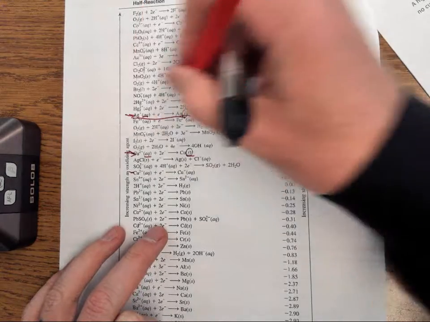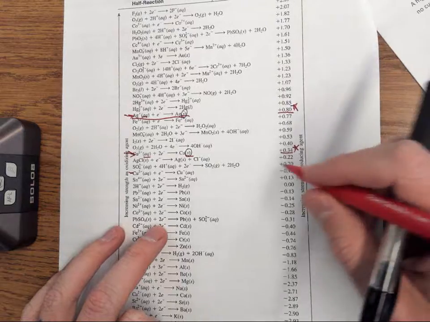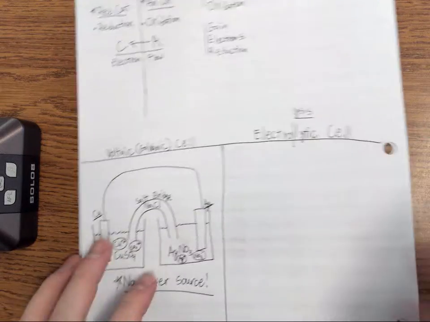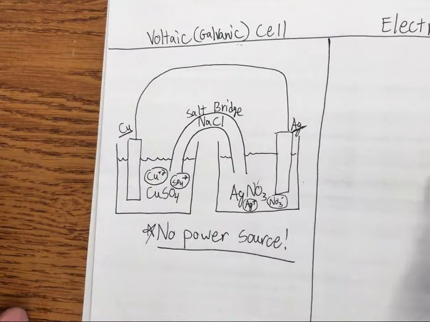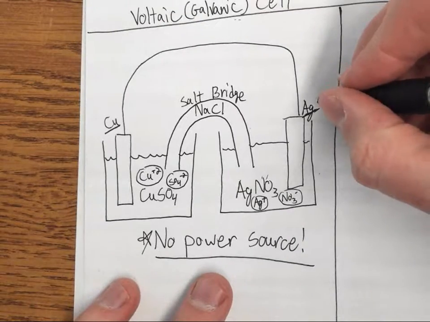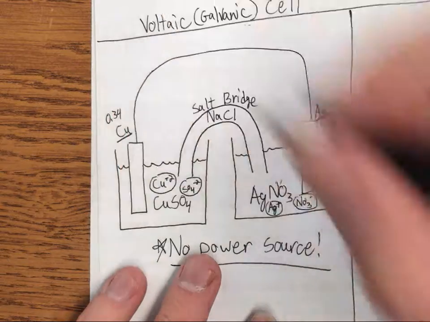All right, we've got silver at 0.8, we've got copper at 0.3. So let's flip back here. Again, simplifying this majorly, our silver, we said 0.8, our copper is 0.34.